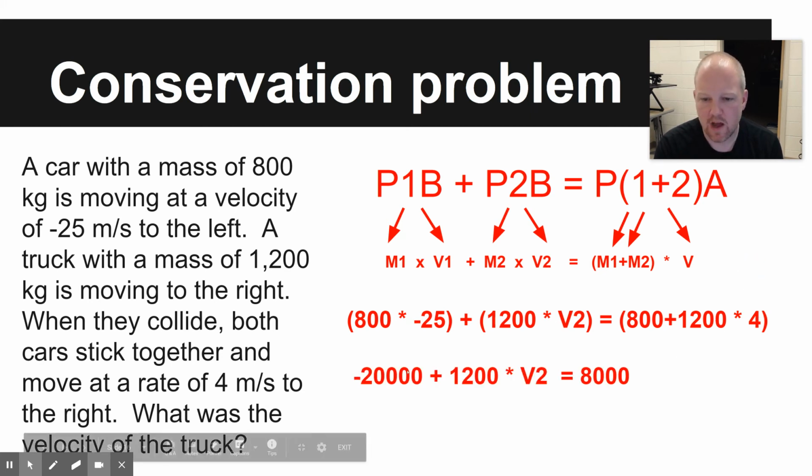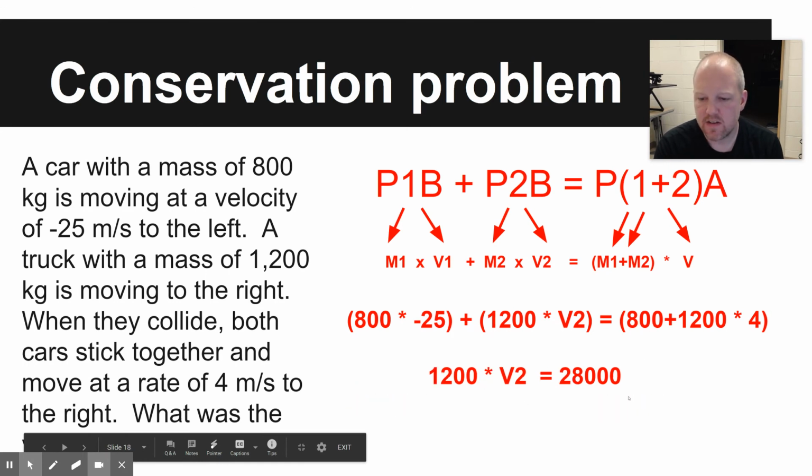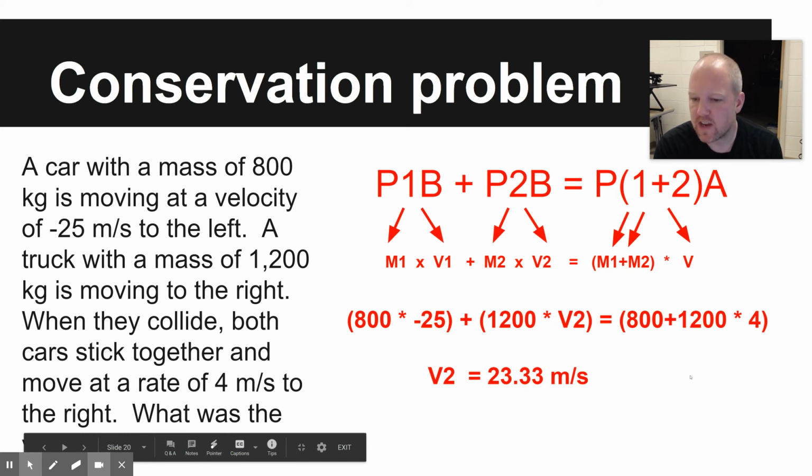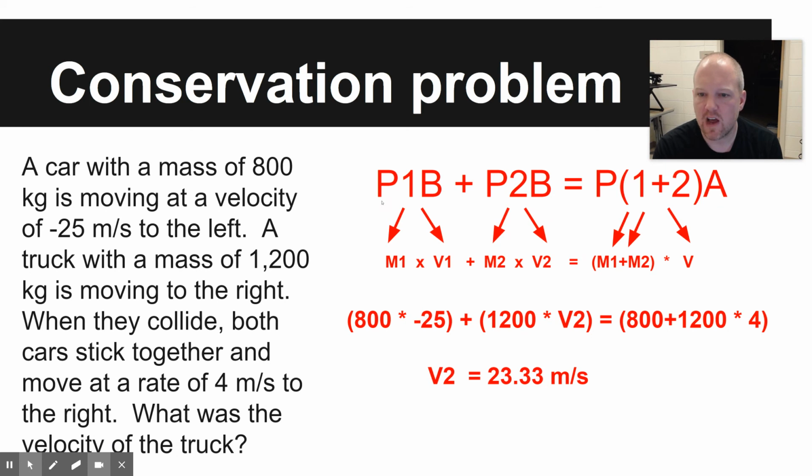When we resolve that, what you would see is that the velocity of the truck before the collision turns out to be 23.33 meters per second. And so again, how'd you do this? Step one is to draw a picture representing what you have happening.